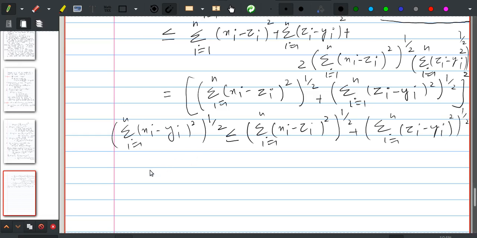Now this is the same as d of xy is less than or equal to d of xz plus d of zy. So this proves the triangle inequality.